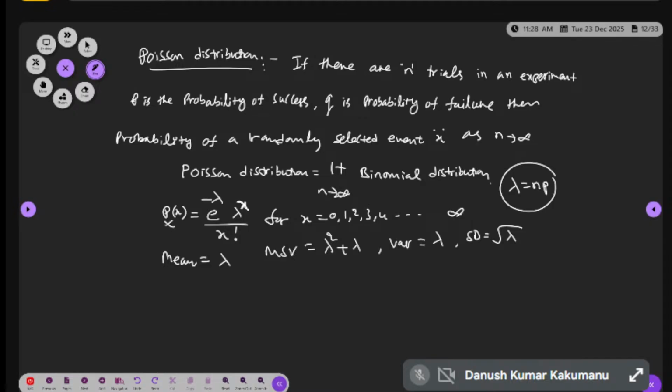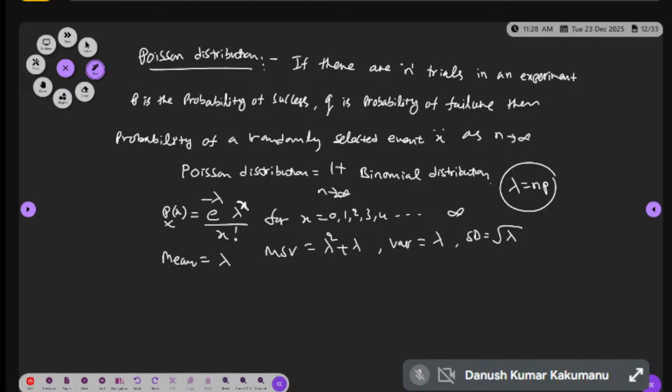Which distribution has mean and variance the same? Poisson distribution.